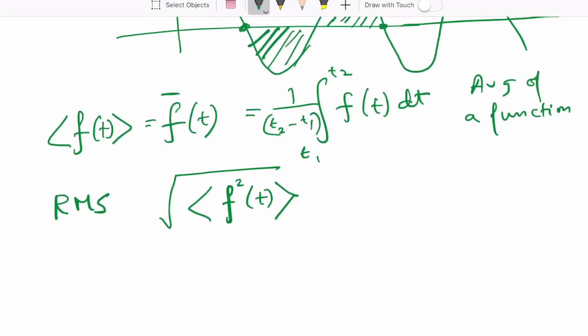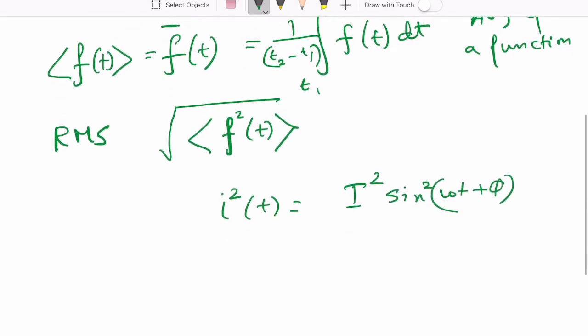Now, suppose you carry through with this procedure. You first square the function, so you find I squared. That's going to be capital I squared sine squared of omega t plus phi.